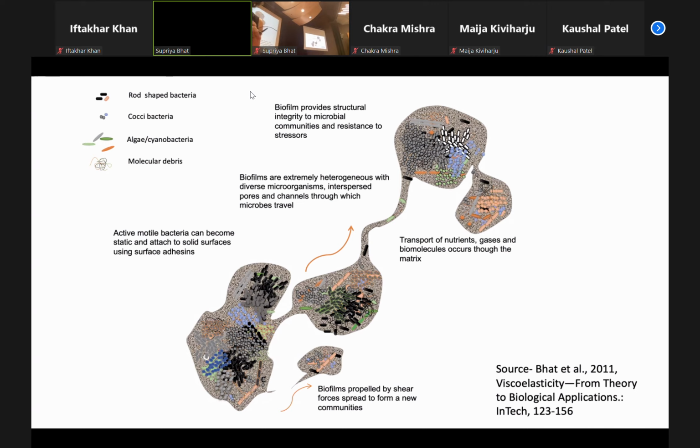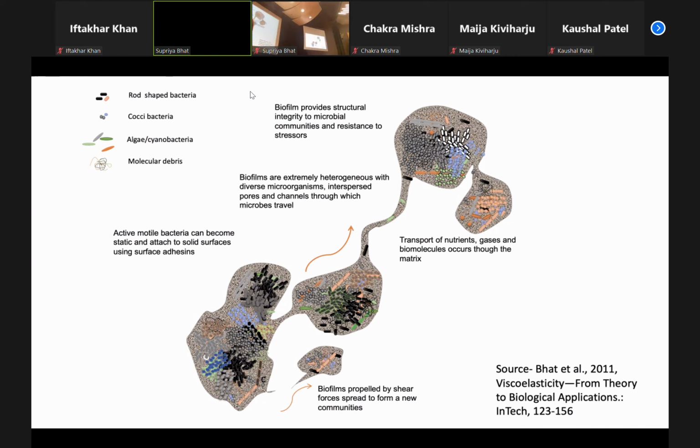And then once it forms a fully mature biofilm, the loose cells can escape the biofilm, or sometimes just by the sheer forces of the water floating through in the environment, parts of that can get dislodged and then form new communities. And then there's transport of nutrients, gases, biomolecules through the matrix, essentially what I just mentioned.